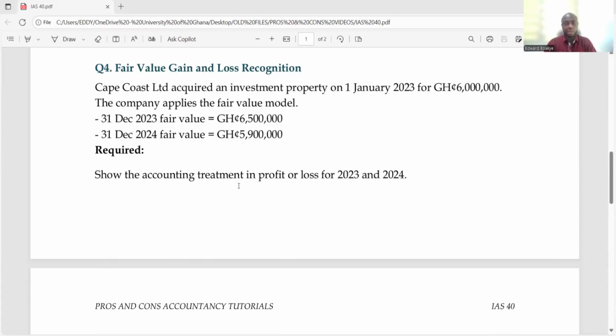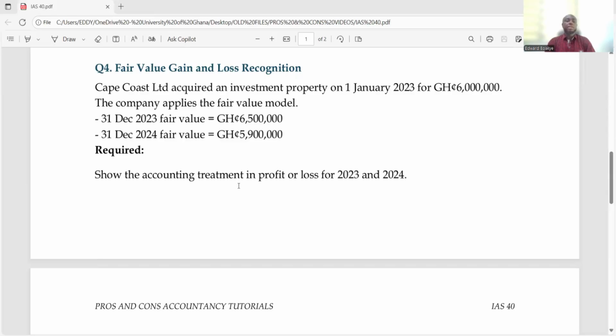We mentioned this during part 1 of the IAS 40 video, so I advise you to watch it before you continue with this one, which is part 2 on IAS 40 using the fair value model. So Cape Coast Limited acquired an investment property for 6 million on 1st January 2023, and the company applied the fair value model.